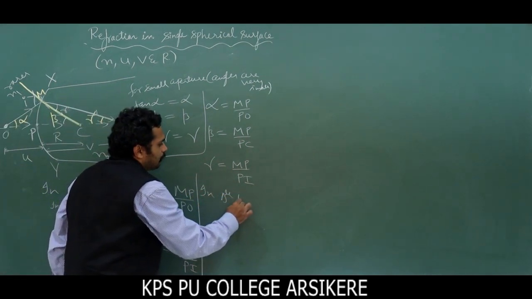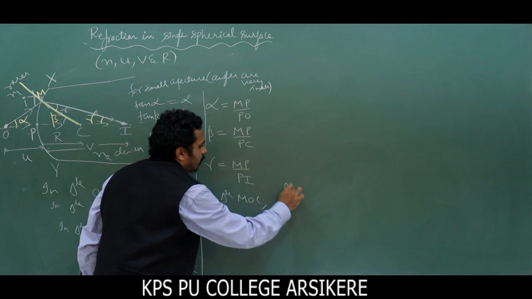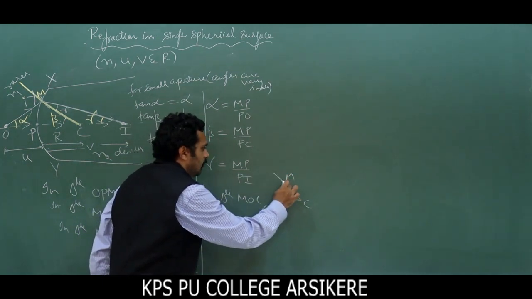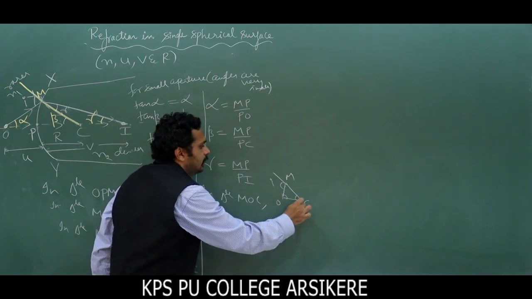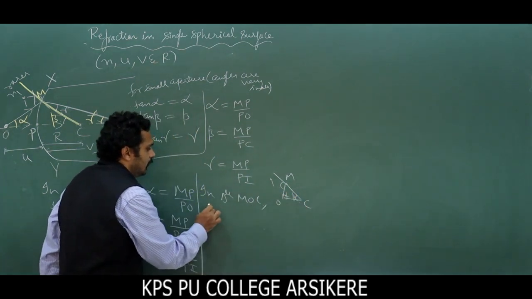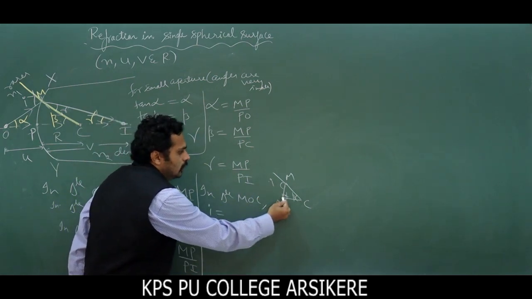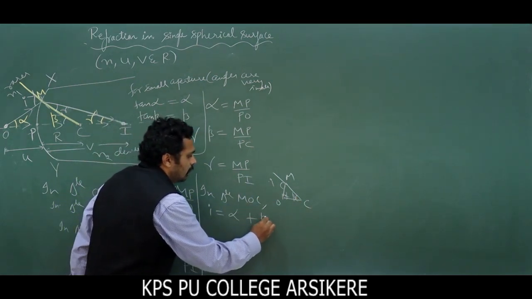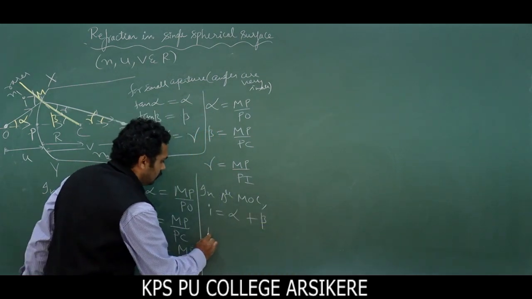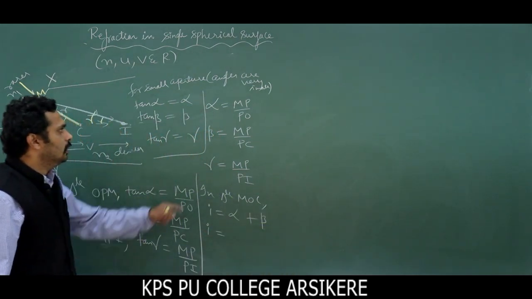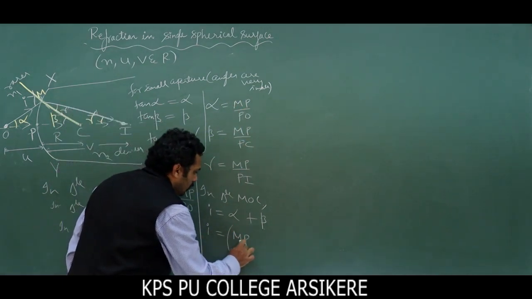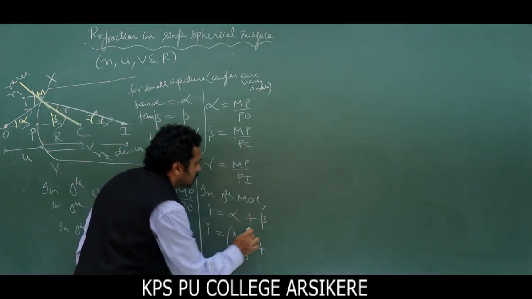In triangle MOC, the exterior angle is equal to the sum of the interior opposite angles, alpha plus beta. Now I is equal to alpha plus beta. What is alpha? Alpha is equal to MP by PO. What is beta?